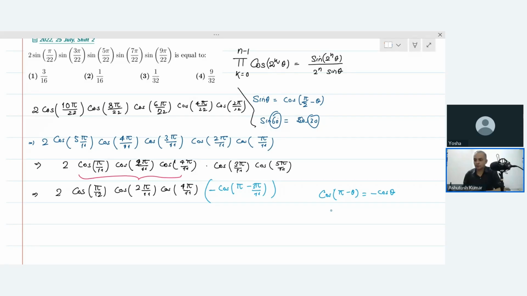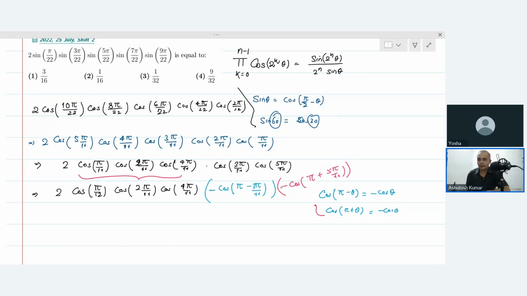And there's also one formula, cos of pi plus theta is minus cos theta. With this help, I can write it as minus of cos of pi plus pi by 11. Since cos of pi plus theta is minus cos theta, this minus will get cancelled.